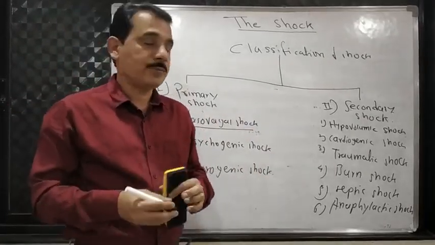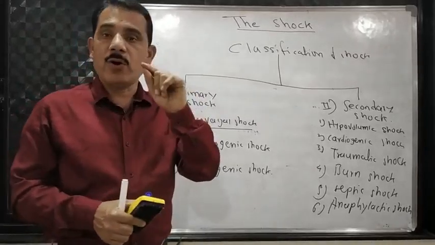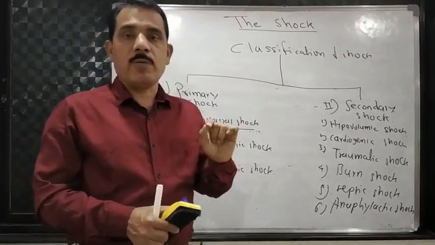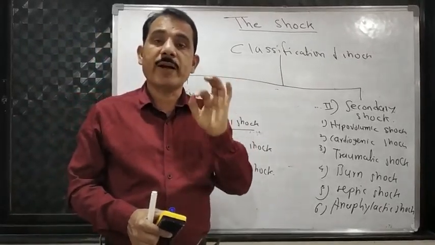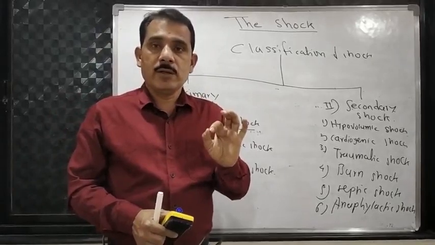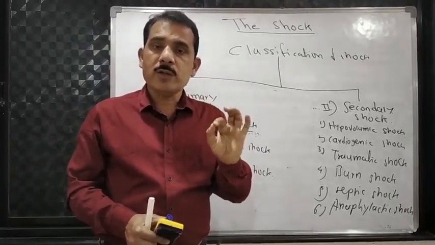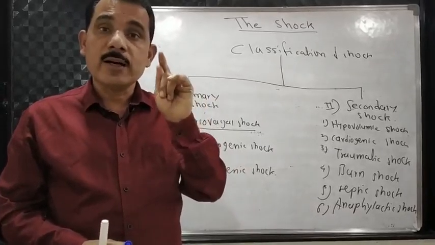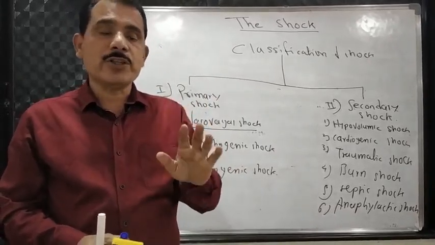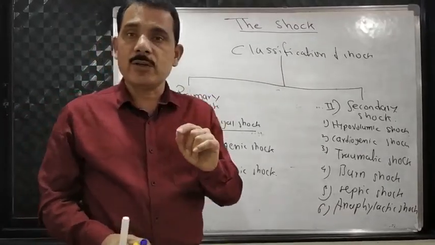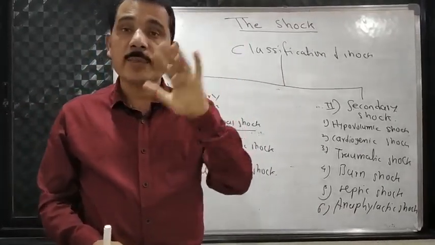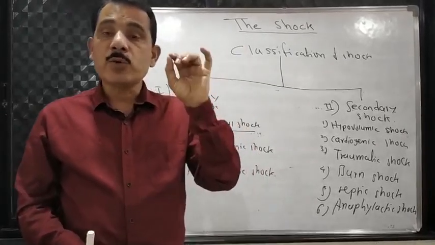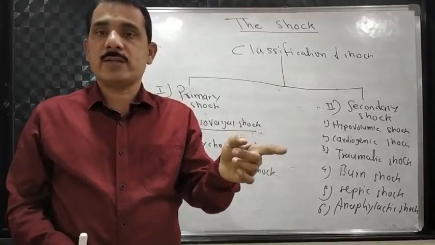Vasovagal shock means what? It is a type of primary shock because it occurs from stimulation of the vagus nerve. What is the pathogenesis? The vagus nerve being parasympathetic, when it is stimulated it causes vasodilatation of the peripheral vessels.